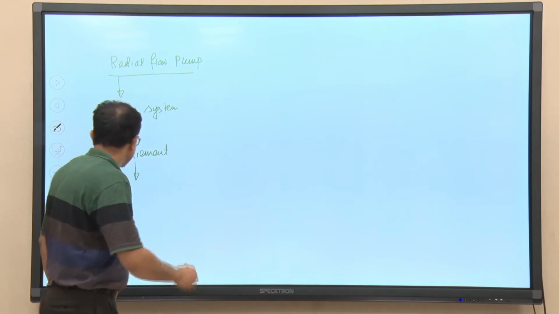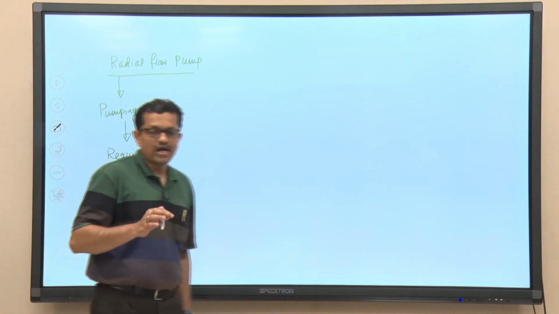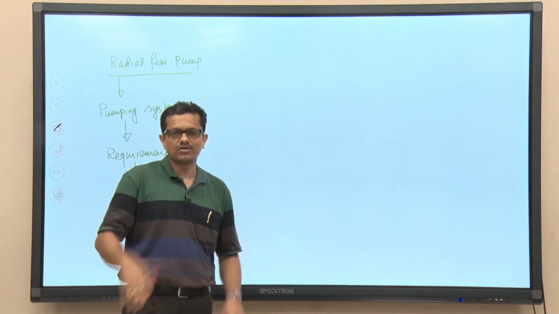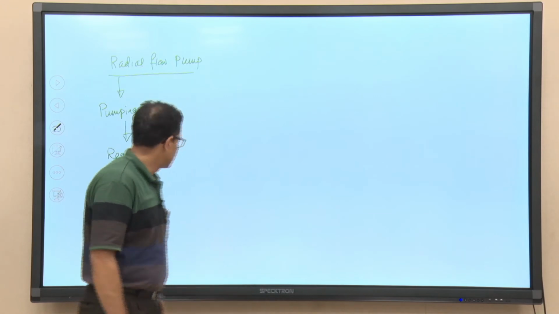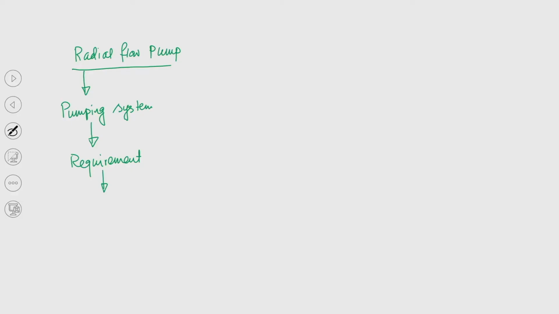So, the requirement, if we can recall, though I have not discussed much about this, is number 1, head, that is H, and number 2 is the flow rate or Q.